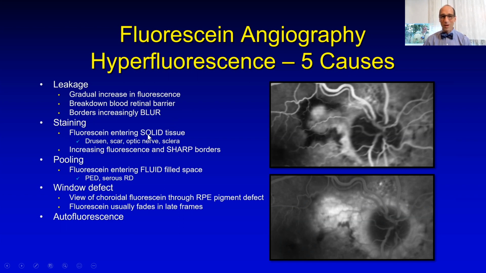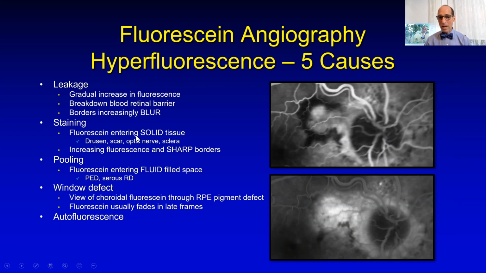Staining is when fluorescein enters a solid tissue. As the images progress in time, there's more fluorescein gradually entering tissues. If your borders stay sharp and there's increasing fluorescence, it could be staining or pooling. The difference is staining is a solid tissue and pooling is a fluid space, like a PED or a cyst. Both of these have sharp borders.